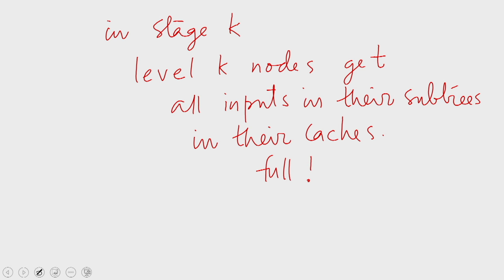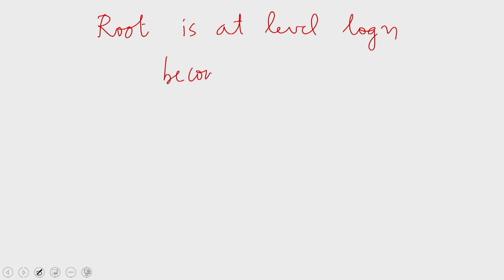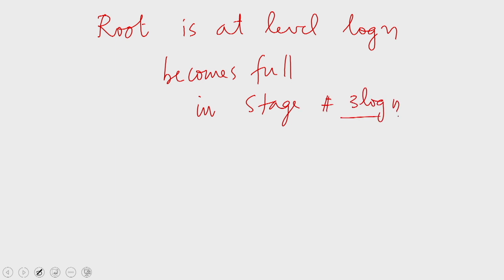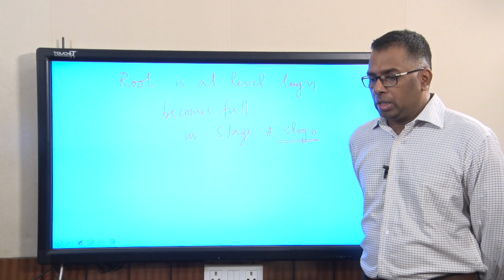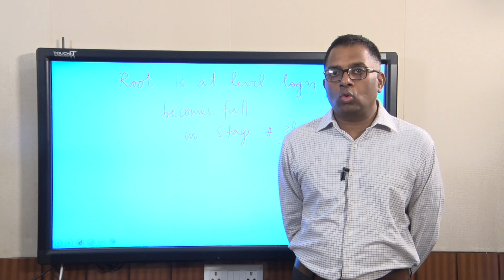So, in particular, the root, which is at level log n, becomes full in stage number 3 log n, which means if we run the algorithm for 3 log n stages, at the end of this stage, the cache of the root will become full.